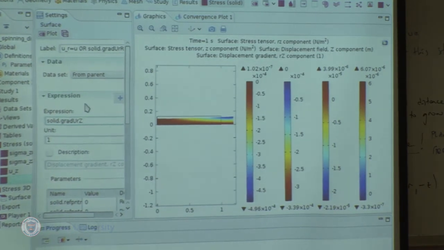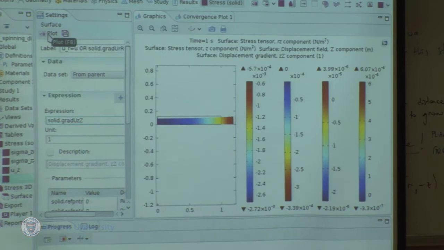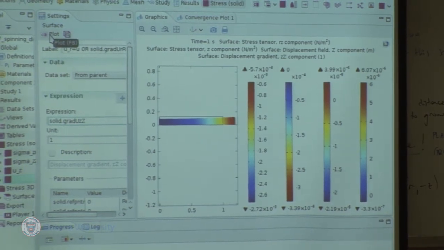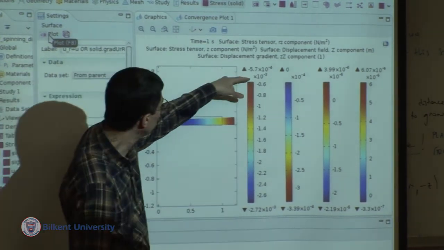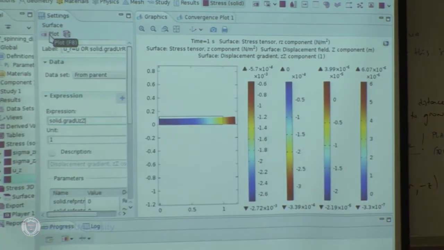So we can also look at, for instance, UZ,Z. So UZ,Z is that term, just to get an order of magnitude. It's of the order of 2 times 10 to the minus 3.